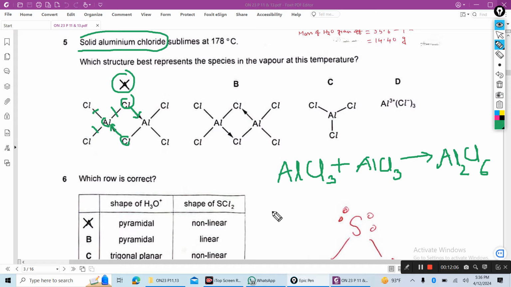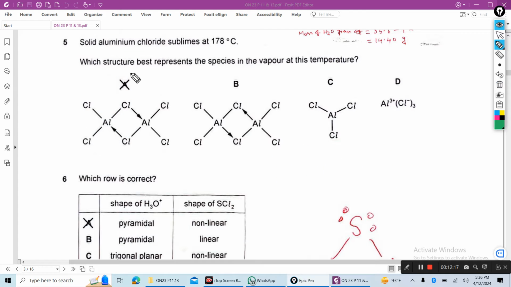So when two aluminum chloride molecules join together to form a dimer, they form two dative bonds. This is why A is the correct answer.